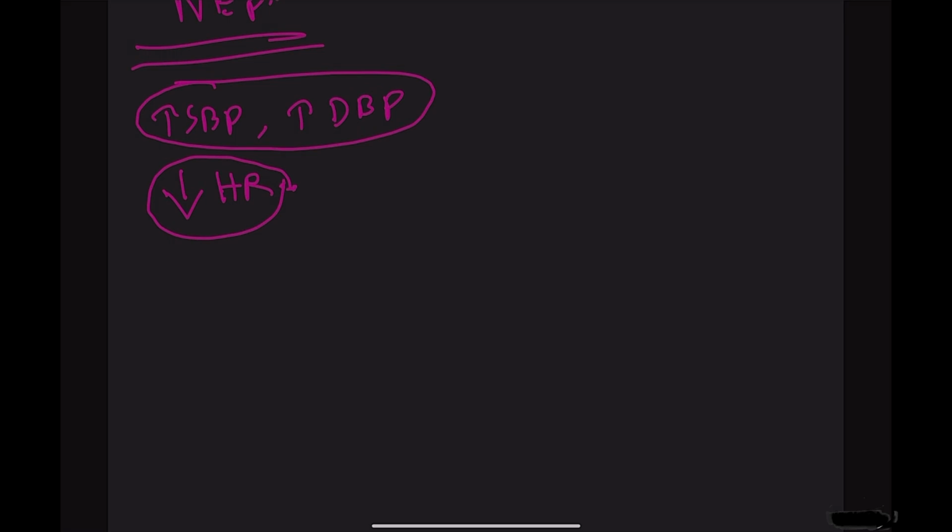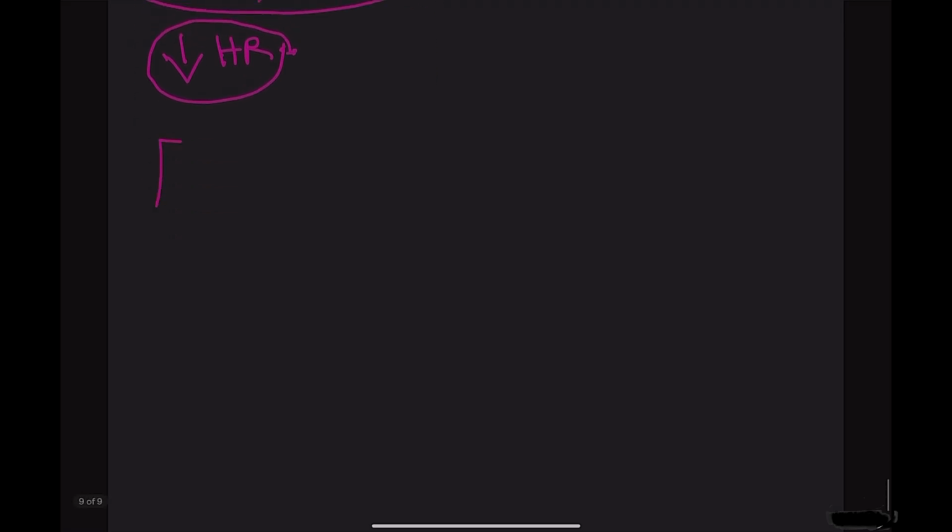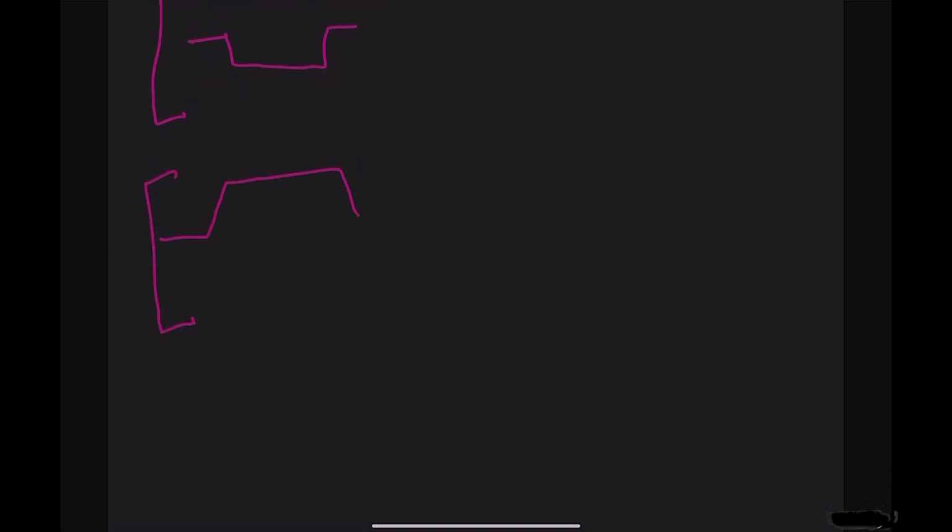Okay, so if we draw the graph, heart rate is decreased. In blood pressure there is increase in systolic blood pressure and also increase in diastolic blood pressure, and this leads to increase in the mean blood pressure.